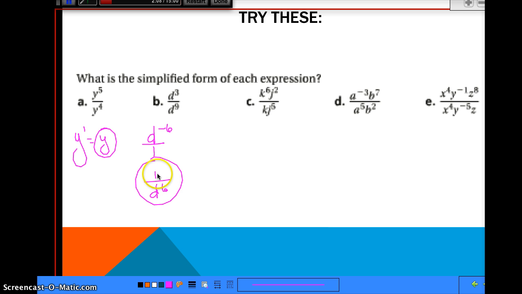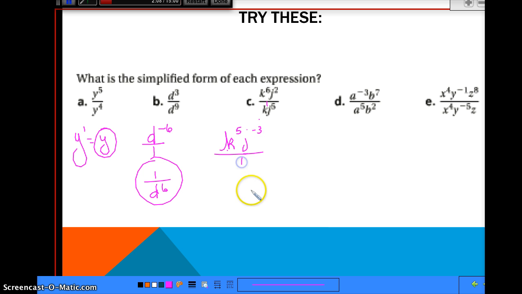In the third example, you have k to the 6th, j squared divided by k to the 1st times j to the 5th. So look at your common bases. We have k to the 6th divided by k to the 1st would be k to the 6 minus 1 is 5. And I guess I could leave it. j squared divided by j to the 5th would be j to the negative 3.